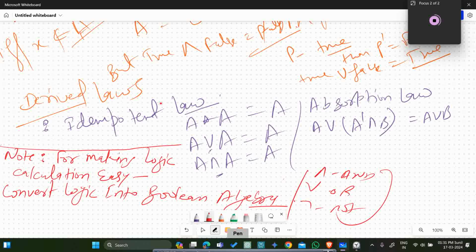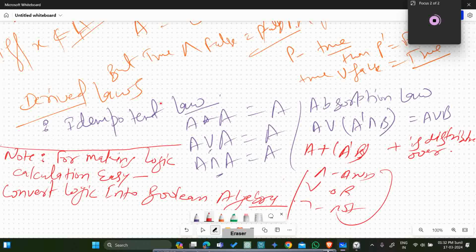If we discuss A plus A bar B, what we are saying is that plus, or, is distributive over and.